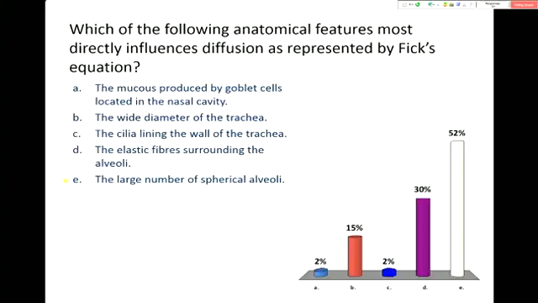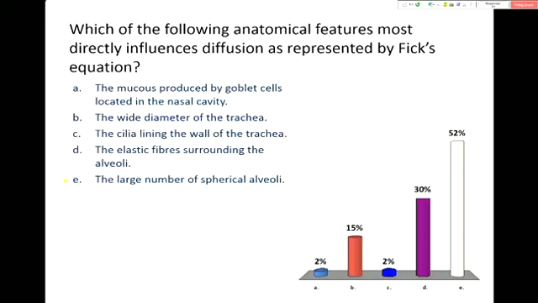So, really important. But have they got anything to do with diffusion? No. Gas exchange? No. So D certainly can't be the correct answer. Maybe you didn't quite understand what Fick equation was, and if you didn't, it's understandable.